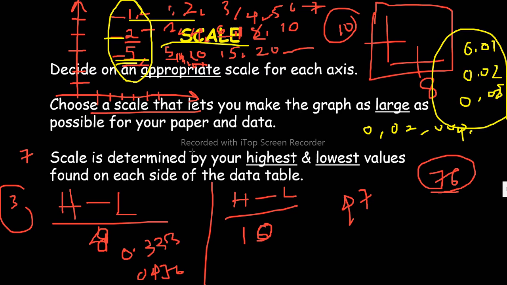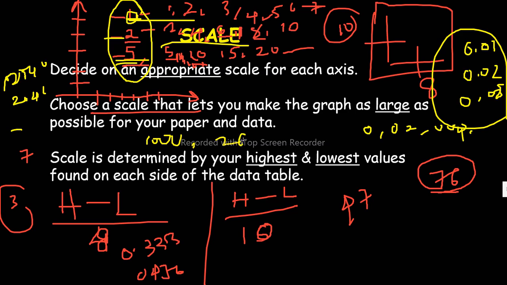If the data is in thousands, maybe you have 2,400, 2,054, 2,456, 2,000, then these values, if you decide to use 1, should also be in thousands. That's why it would be 1,000, 2,000, and then 3,000. Sorry for that.